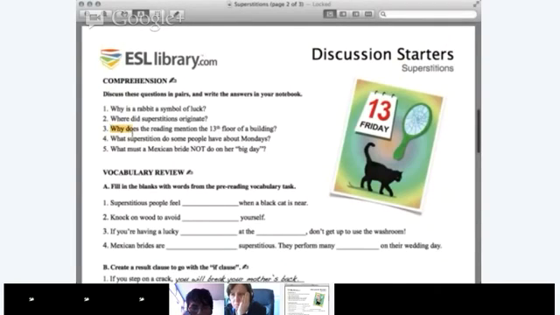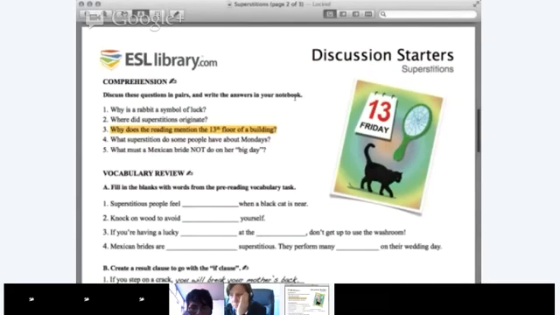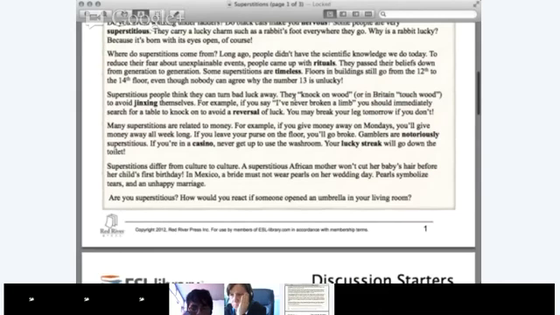All right. And so that's the next question. So why does the reading mention the 13th floor of a building? What is so interesting about that number? What do we do with it? Or not do, I guess.